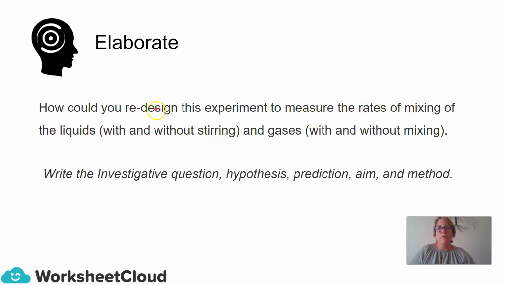Or how can you redesign this experiment to measure the rates of mixing of gases with and without? So here I'll need you to write your investigative question, a hypothesis, a prediction, an aim, and a method.